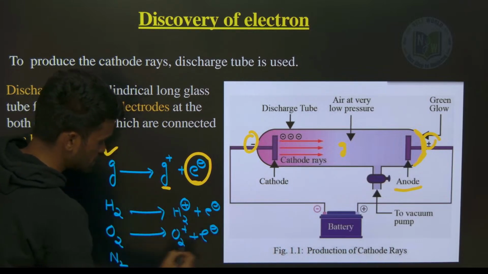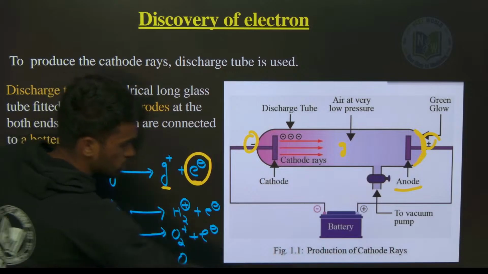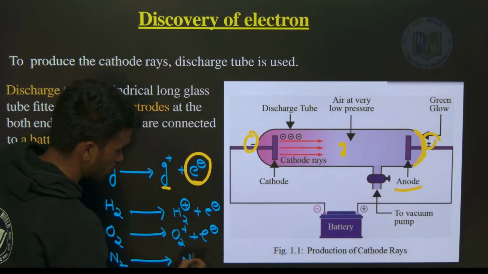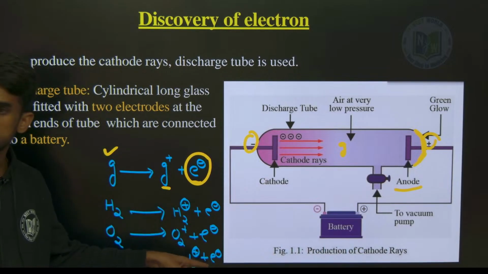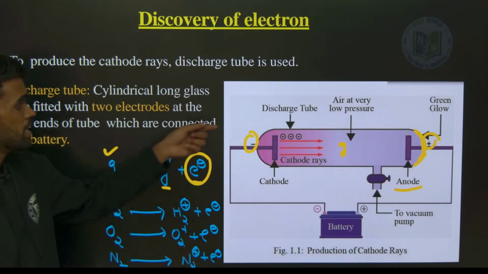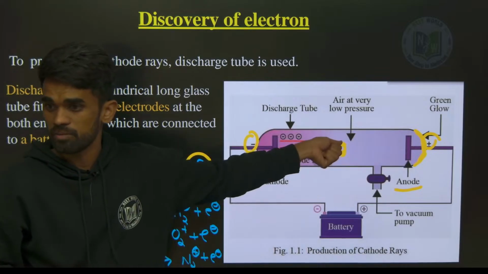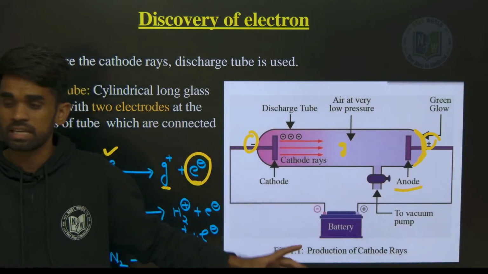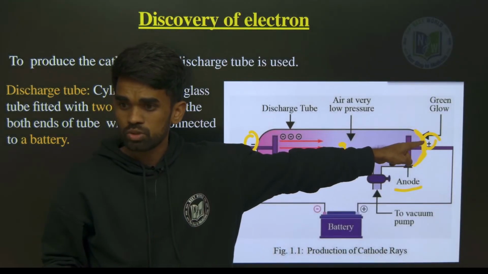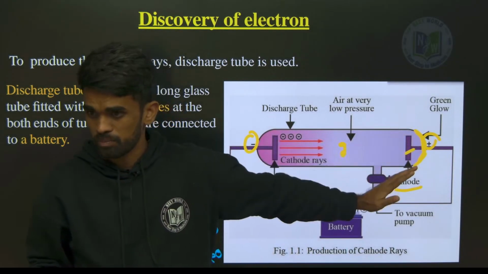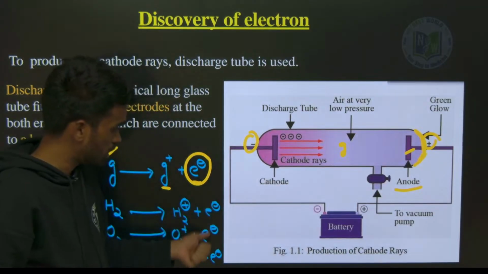See, whatever gas you take, the negative particle which is coming from the gases is the same, yes or no? It means he observed by taking different gases that whatever the gas he takes, the particles moving towards the positive terminal are the same.